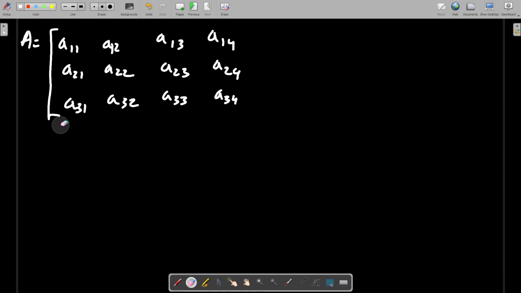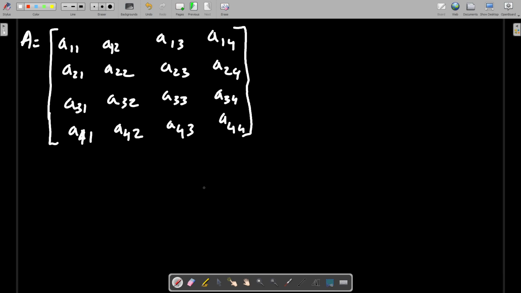Always keep in mind, for getting a determinant you require a square matrix. Number of rows and columns should be the same. A41, A42, A43, A44.